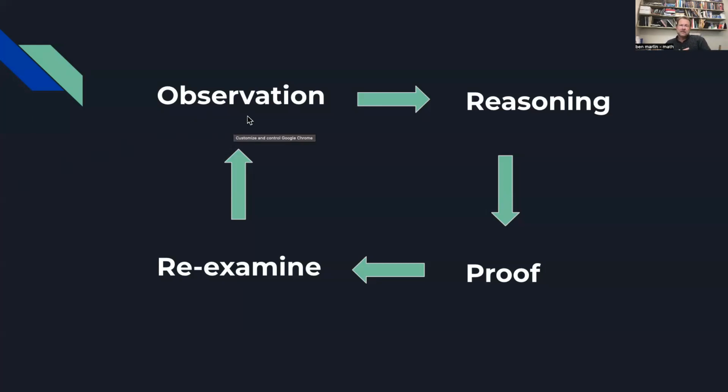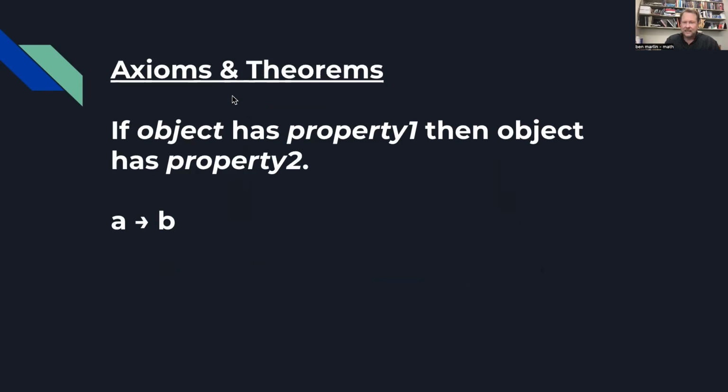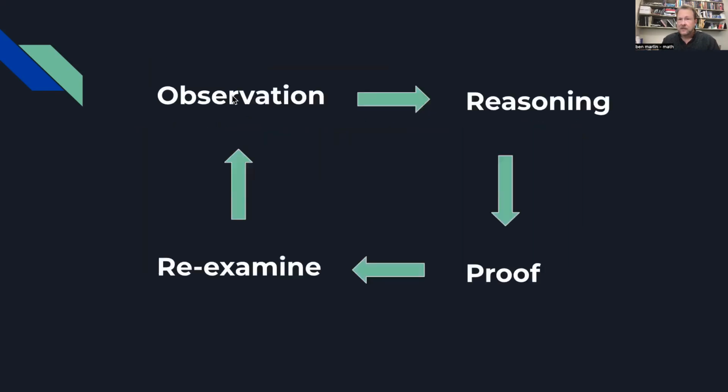When you're reasoning about things, you look at stuff in the world and you make observations. Hey, look, the squares on the sides of this right triangle happen to have areas that add up in a certain pattern. So observational sort of things is where reasoning starts.